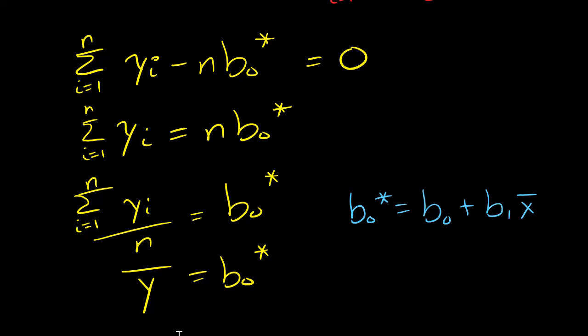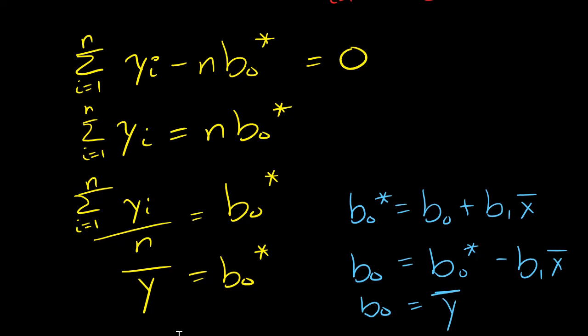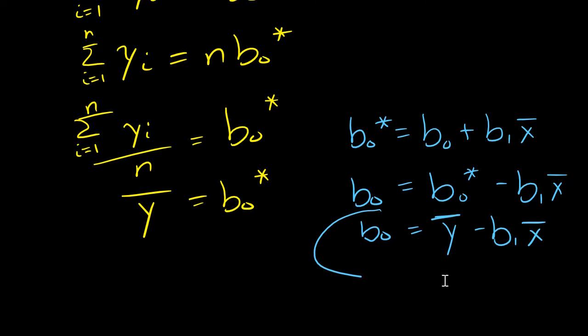If I rearrange this, I have b naught equals b naught star minus b1 x bar. If I plug in my estimator for b naught star, which is y bar, I get my estimator for beta naught.